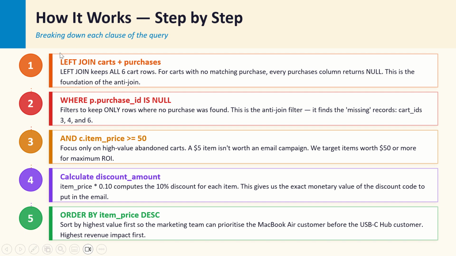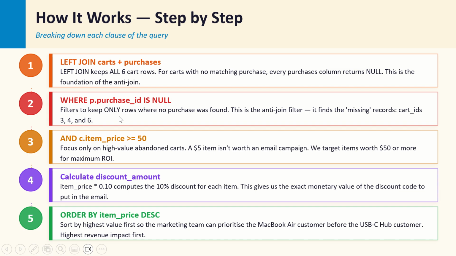How it works: we can also have an elaborate explanation of how a particular query is working. We are using left join of cart plus purchase. Left join keeps all the 6 cart rows. For carts with no matching purchase, every purchase column returns null, as I've also shown you in the previous slide. And this is the foundation of anti-join, where p.purchase_id is null.